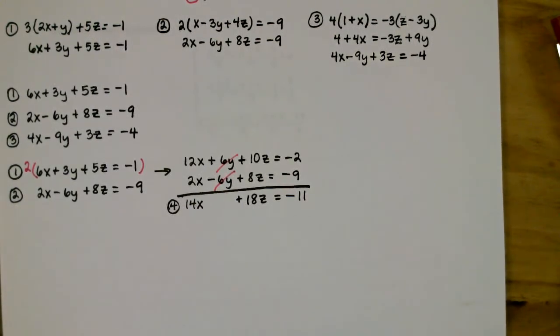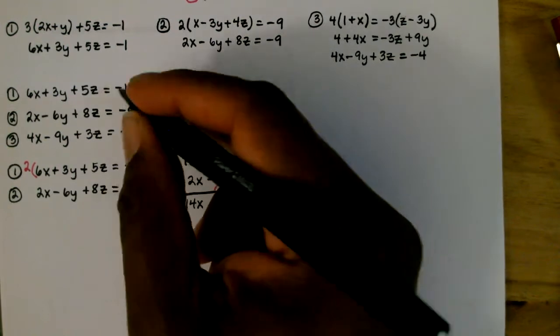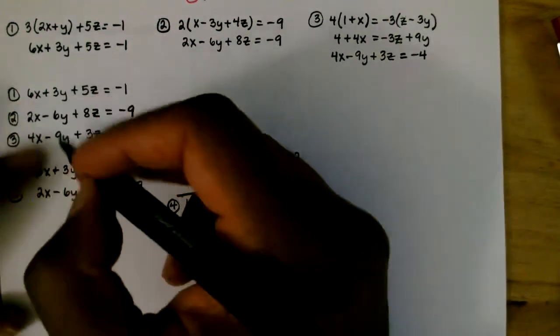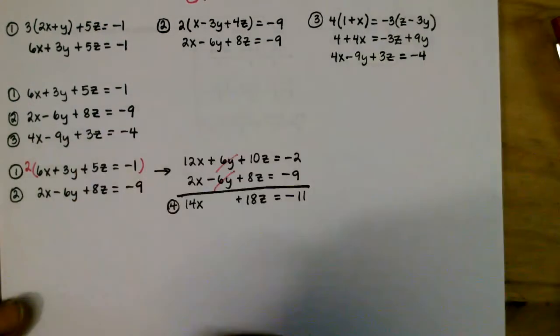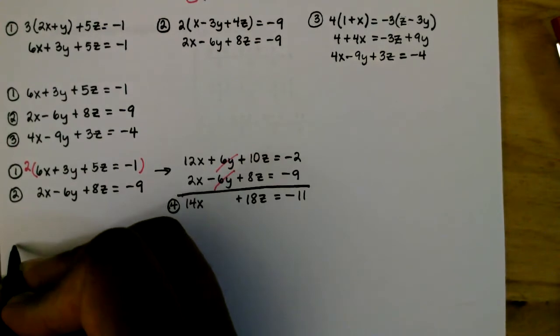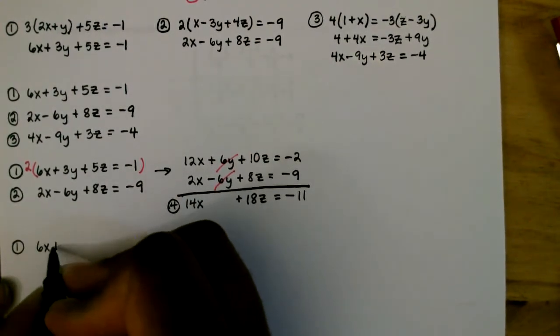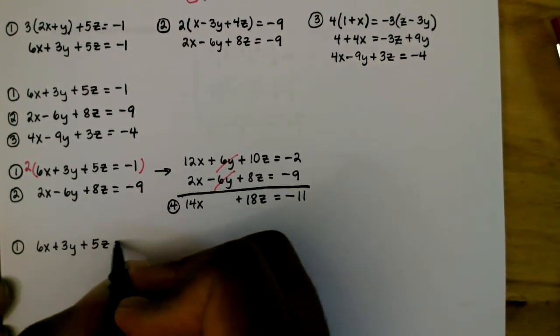Let's see here. I'm going to try equation 1 and equation 3 and eliminate the y as well, okay? Because they got a plus 3y and a minus 9y. So let's use equation 1 and equation 3. Equation 1 again is 6x plus 3y plus 5z is equal to -1.